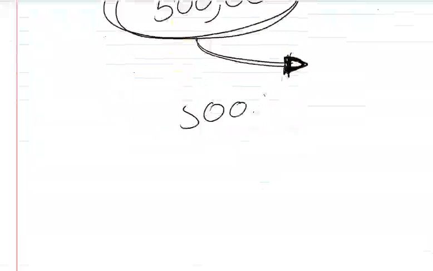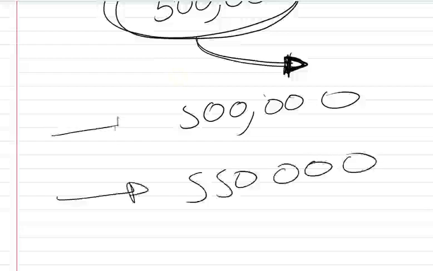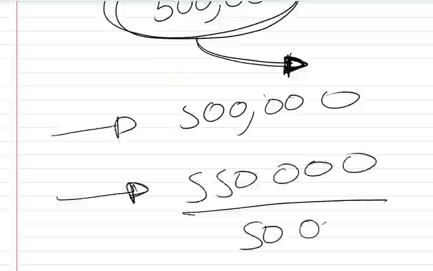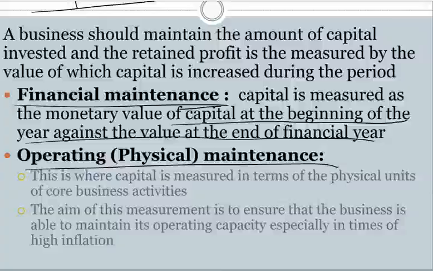I have 500,000 as my capital. At the end of the year, I have 550, meaning I have been able to maintain it, and it has also grown. The difference is the retained earnings for that year, the one that has made the asset grow. So we have maintained our capital. That's capital maintenance in terms of financial maintenance.